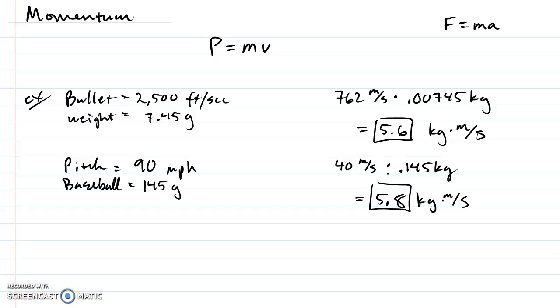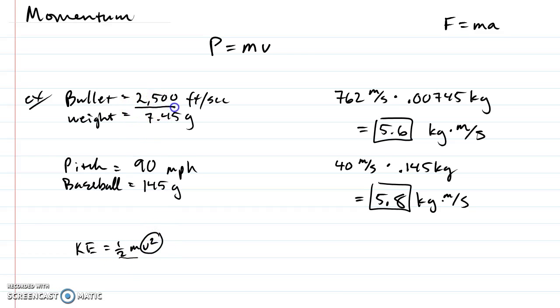Now you may be thinking, yes, a pitch in baseball is dangerous, but a bullet's way more dangerous. The reason you're thinking that is because of kinetic energy. Kinetic energy, remember, KE is 1/2 mv squared. You'll notice here, yes, we are halving it, but we're squaring the speed.